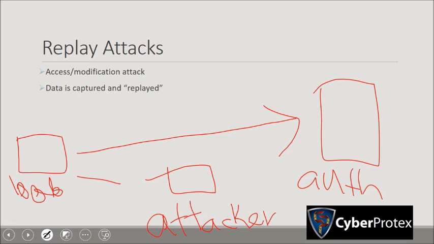Well, what's also going to happen is our attacker is going to get a copy of it too, so they can use it at a later time. So when they feel like it, they can send it off to the authentication system and basically circumvent all security measures that would normally be in place, because now the attacker is basically undergoing the same session that Bob is.